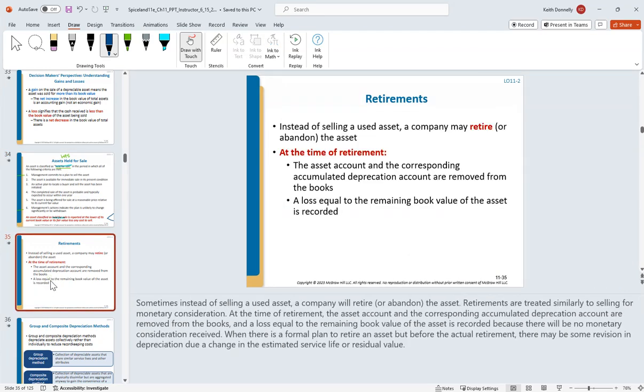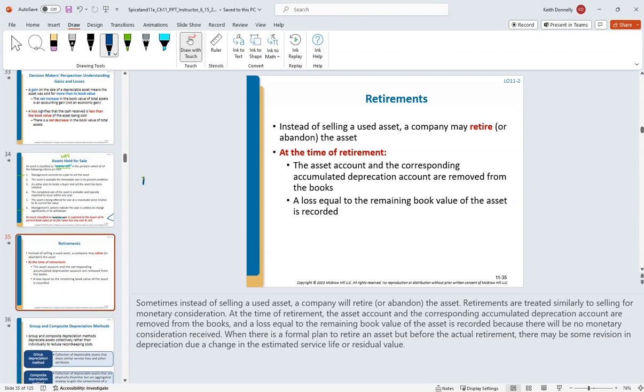Another thing you could do with an asset, right, instead of selling it, is you could just retire the asset. We're done using it, you could abandon it. In this case, if you're going to retire it, the asset account and the corresponding accumulated depreciation are removed from the books, right?